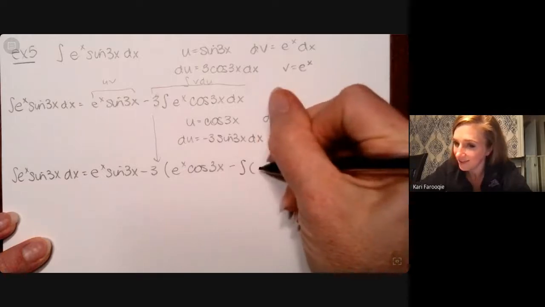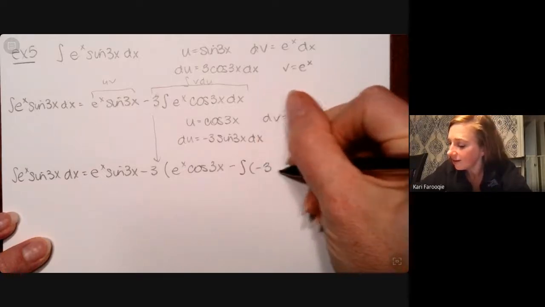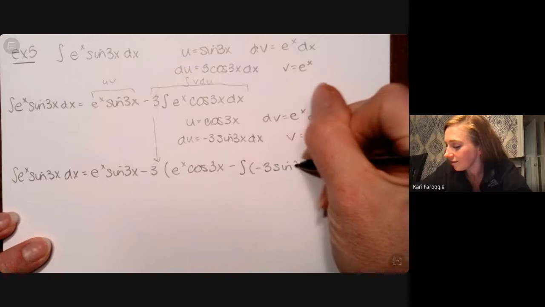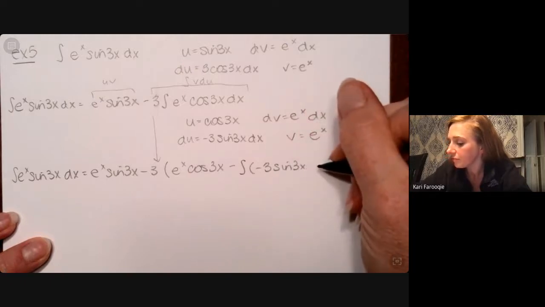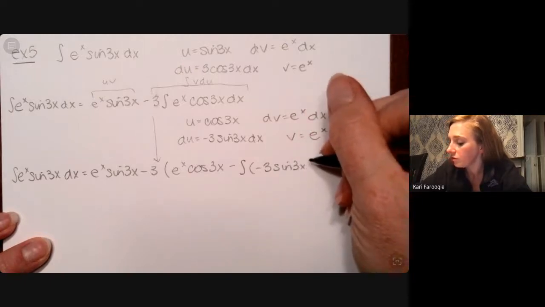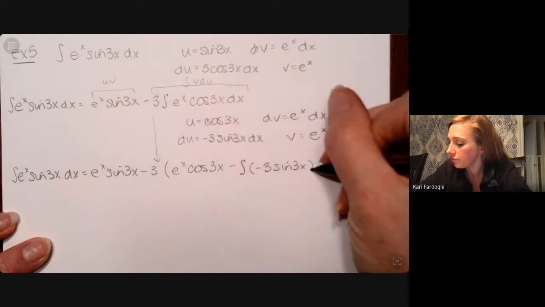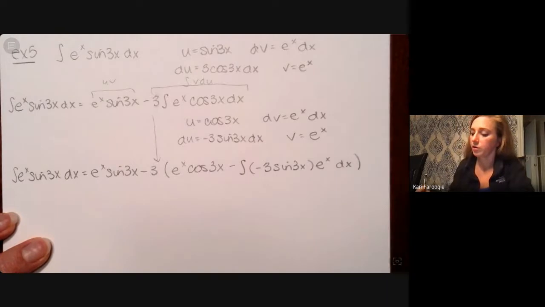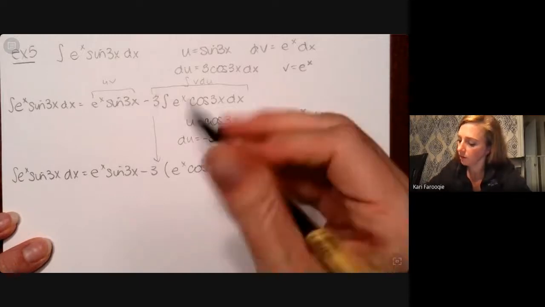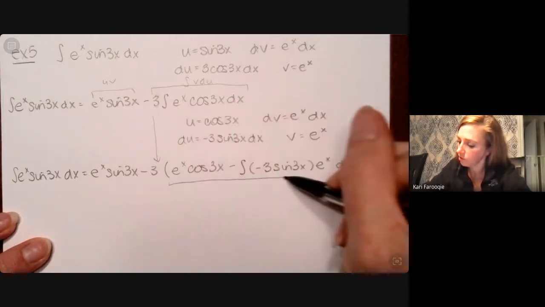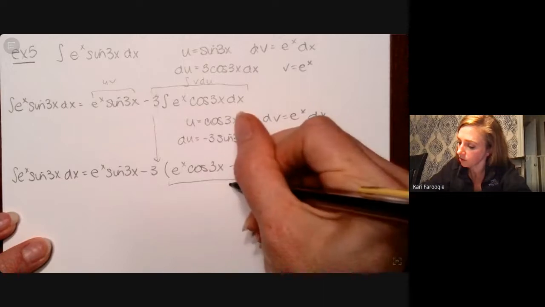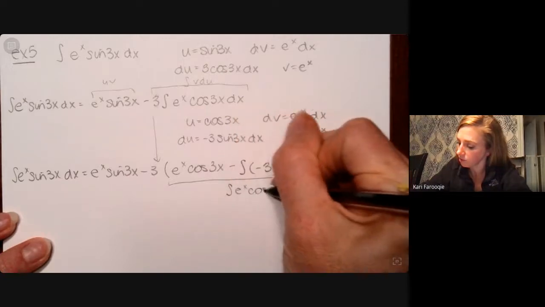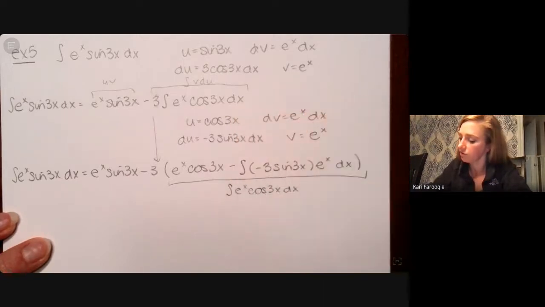So I said v du, so the du and the v, there's that whole thing. I'm going to watch my grouping symbols. So this whole thing is the integral of e to the x cos 3x dx.